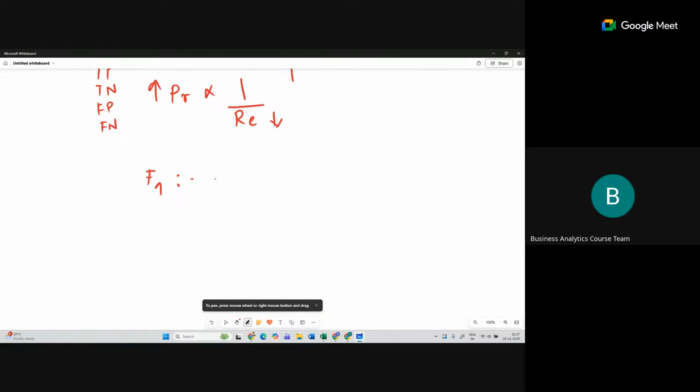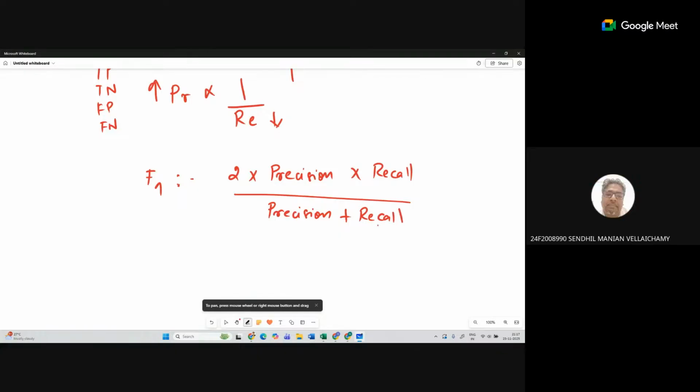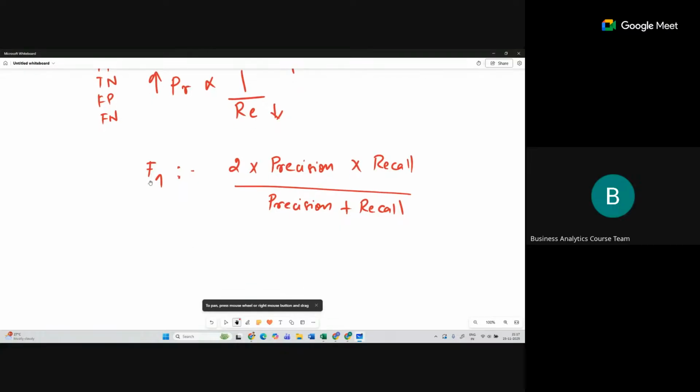So the formula of F1 score is 2 times precision into recall divided by precision plus recall. Okay, right? So if you want to compute F1, you have to first compute precision, and you have to also compute recall.